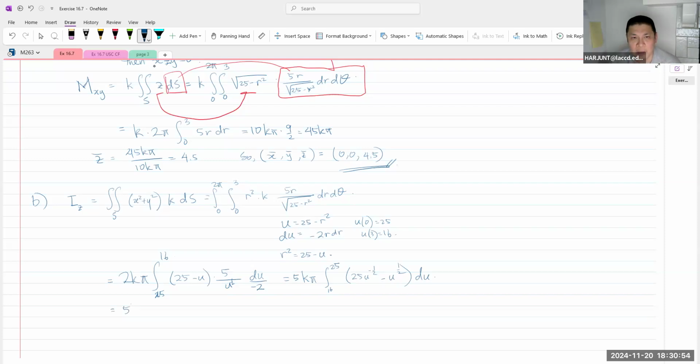So that's 5k pi times 50 u to the power of 1/2 minus 2/3 u to the power of 3/2, from 16 to 25.